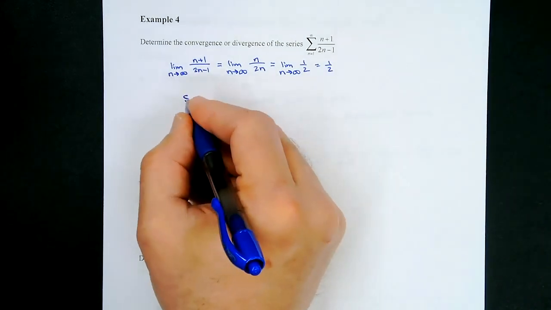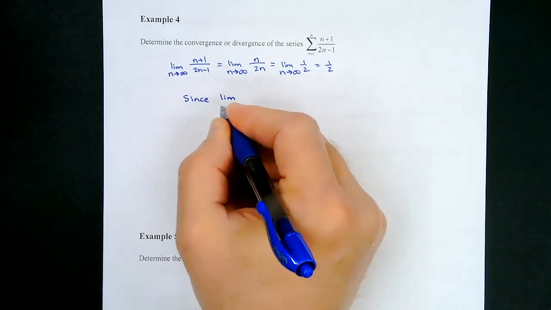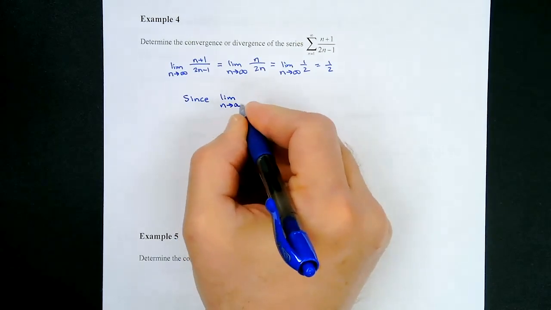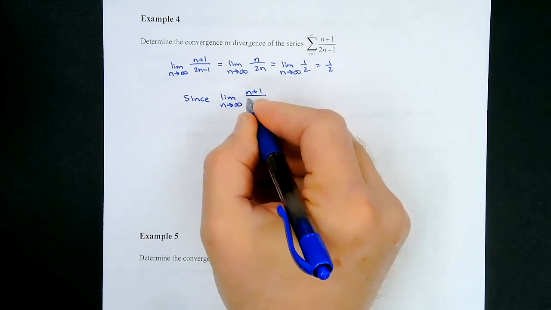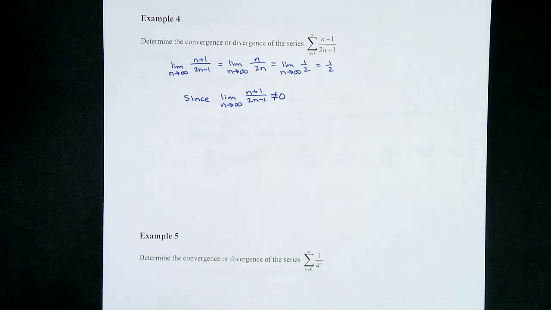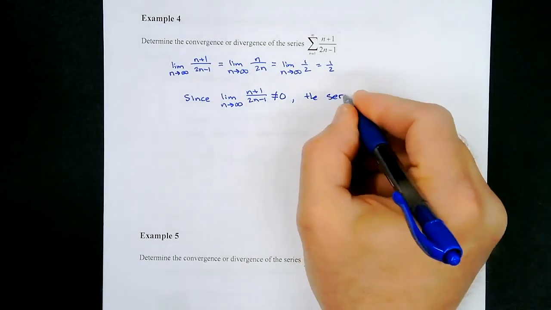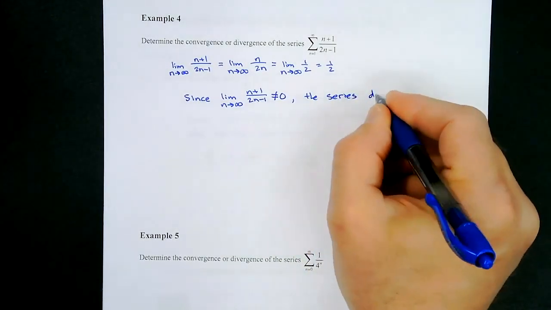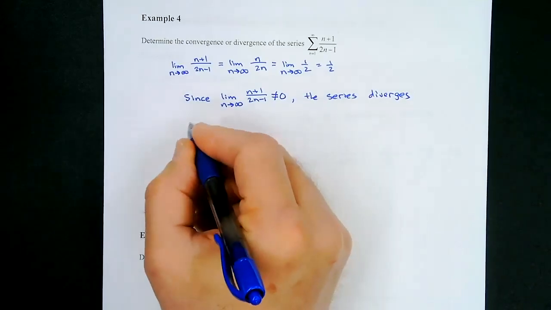So you have to write this up and say, since the limit as n approaches infinity of n plus 1 over 2n minus 1 does not equal 0, that's the part that we have to have, it has to not equal 0, then the series diverges by the nth term test.